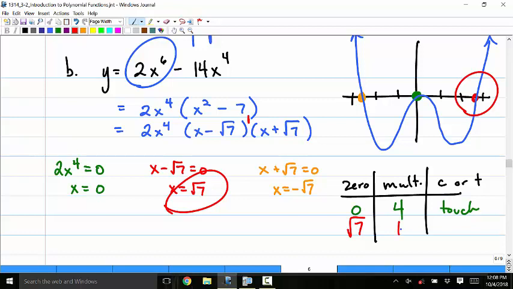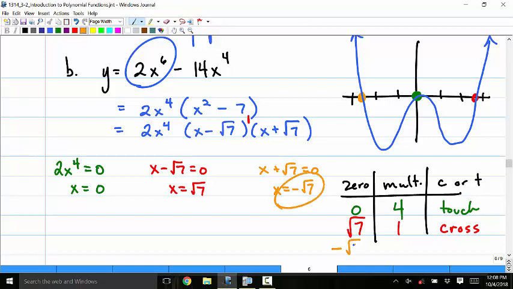Does it cross or touch? It crosses because the multiplicity is odd. And it crosses almost linearly. The orange, negative root 7 is the zero. What's its multiplicity? 1. Did it cross or touch? It crossed.